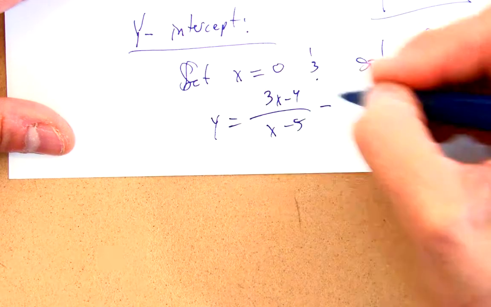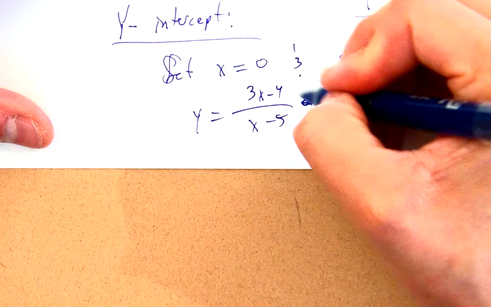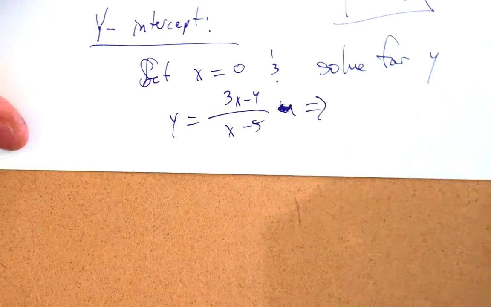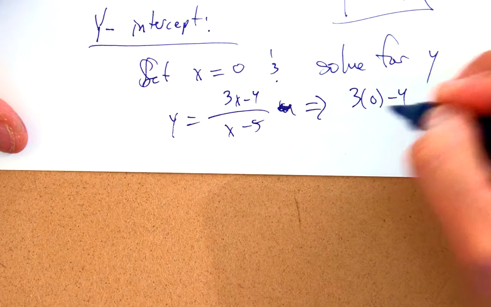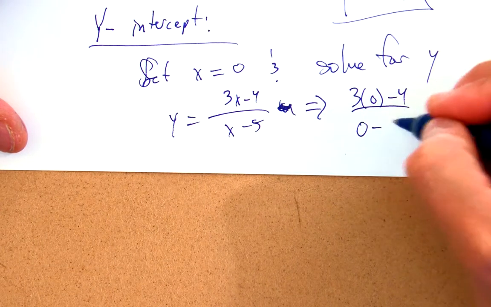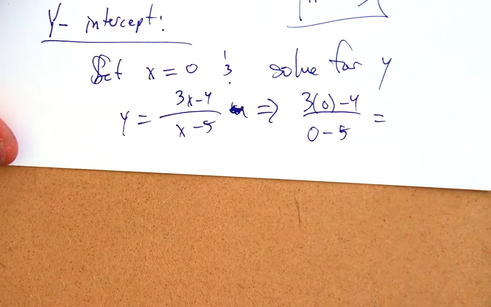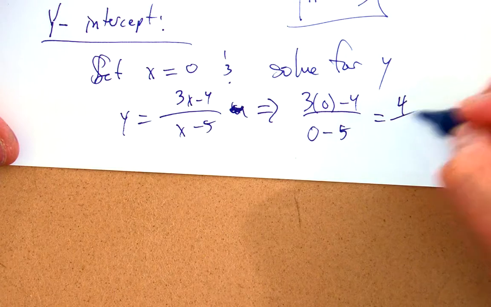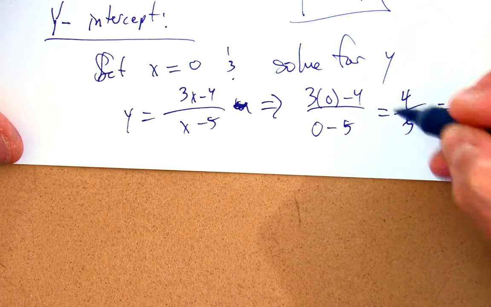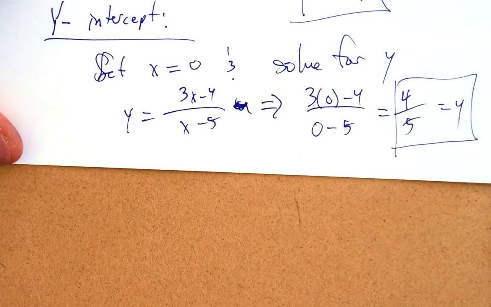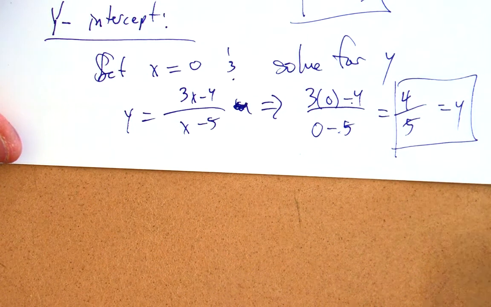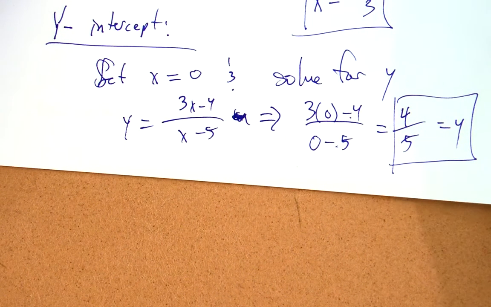If I set x equal to 0, what will this give me? 3 times 0 minus 4 over 0 minus 5. This is 4/5, and this is my y. Negative and negative is positive. There you go, these are my intercepts. That makes sense? Cool. So now we're going to move on to part C.